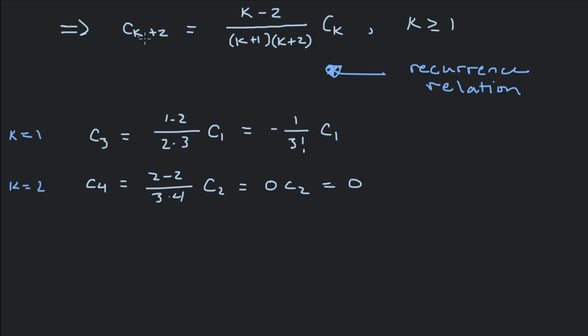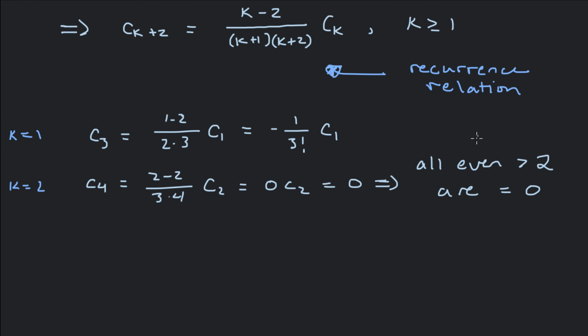So that means every even term, C6, C8, those are all going to depend on C4, but C4 is 0. So this is going to tell us that all even coefficients greater than 2 are equal to 0.